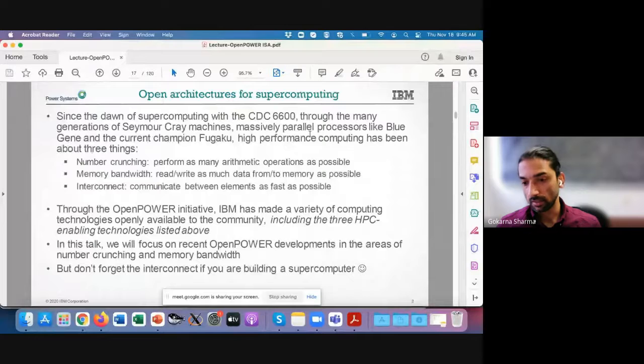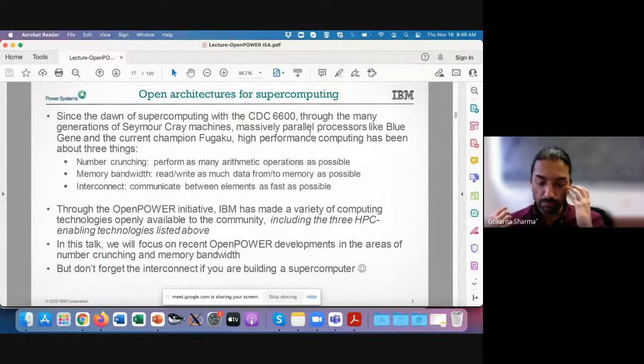And then we have interconnect. Let's suppose you are talking about a supercomputer. One computing node is there, another computing node is somewhere else, and you are connecting these computing nodes and making a big system of, let's suppose, 1,000 computing nodes, right? When you have 1,000 computing nodes, think about a Power10 processor. A Power10 processor is going to be either one computing node or part of one computing node.